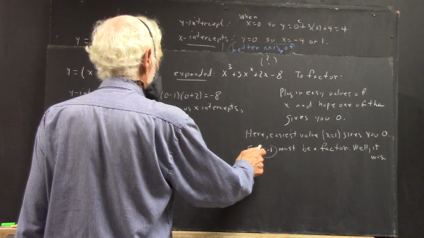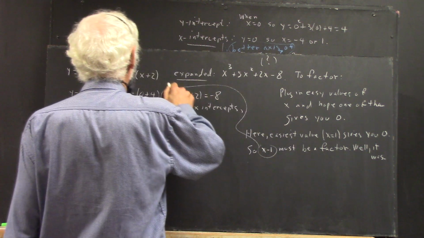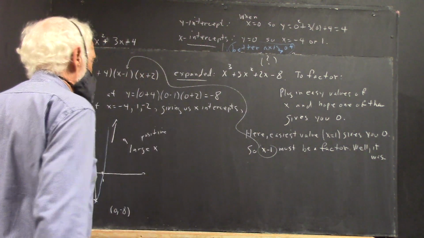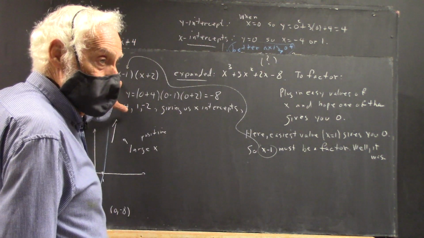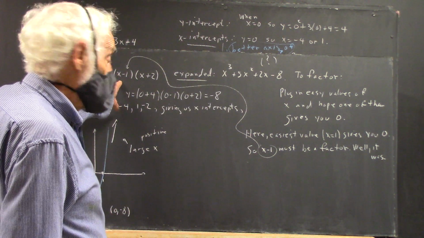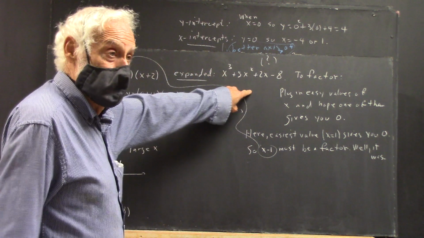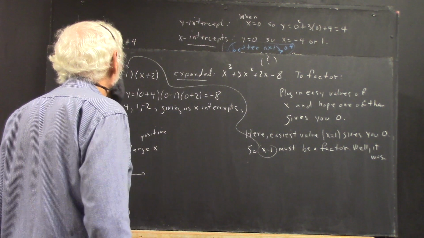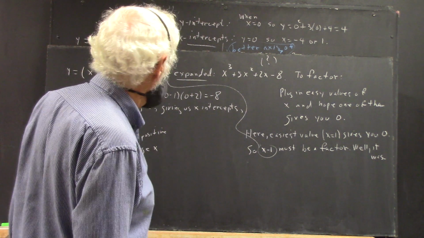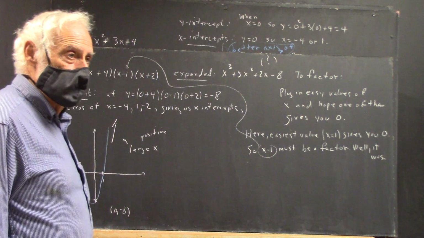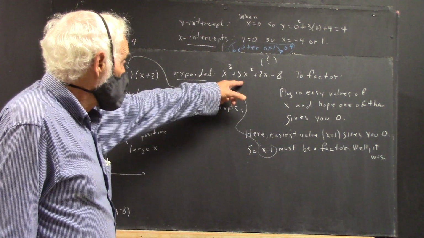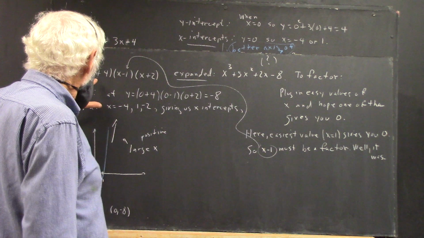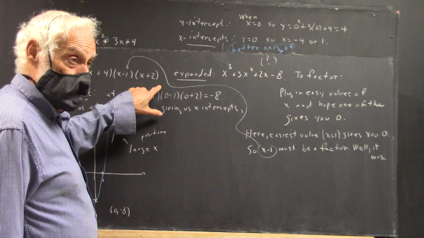Okay, this tells you that x minus 1 was a factor. That's how we got this. Okay? Now, you could try x equals -1, but you know that's not going to work because if it did, x plus 1 would have been a factor.